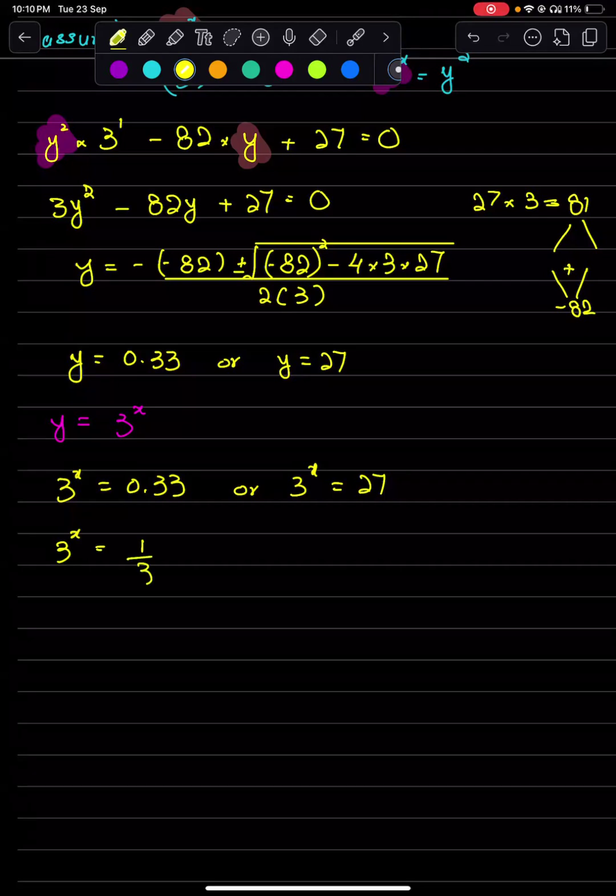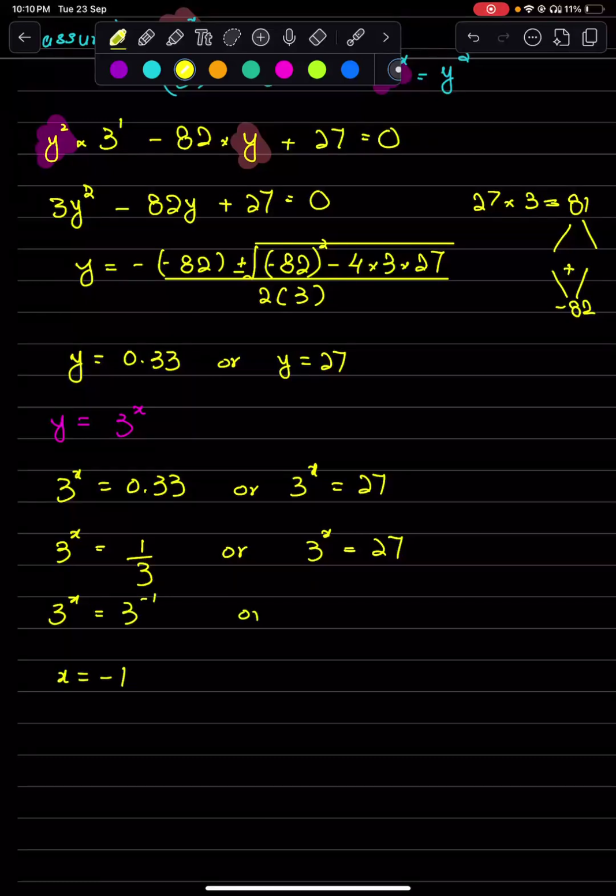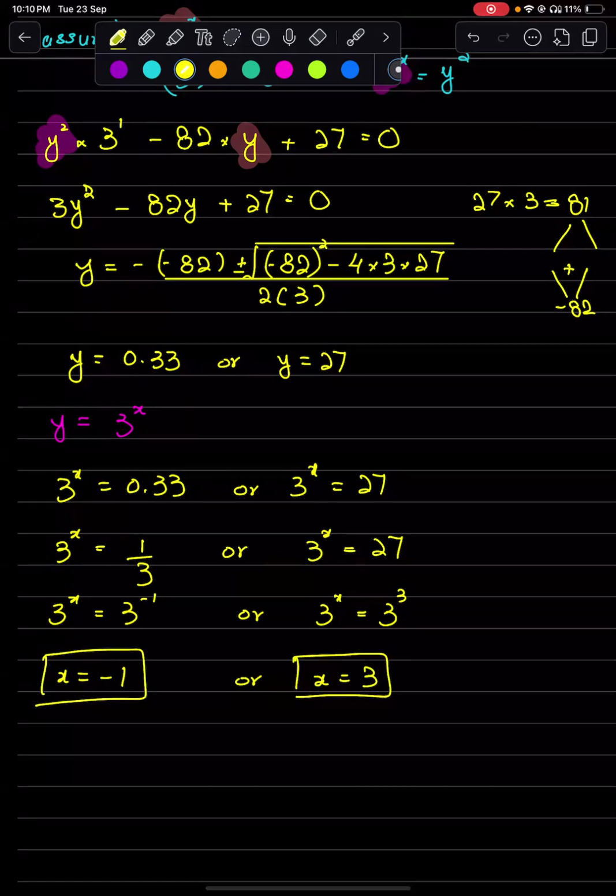This is actually 1 upon 3, or 3 raised to power x is equal to 27. So I can write this as 3 raised to power minus 1, so x is equal to minus 1. Or this is 3 to the power of 3, or x equals 3. This is also a rule of index: if the bases are equal, the powers are the same. All right? Make sense?